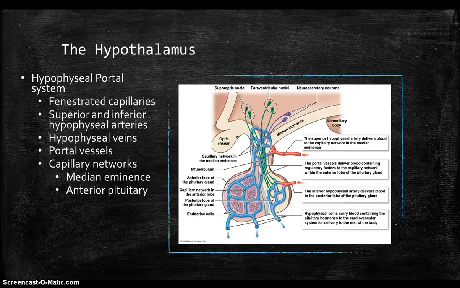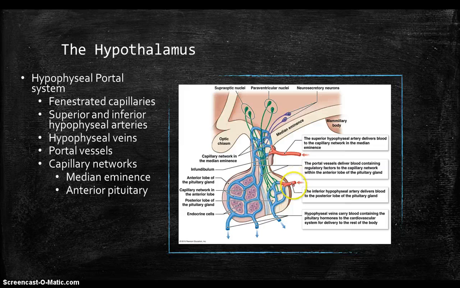This capillary system consists of fenestrated capillaries. Fenestrations are like little windows. They are huge pores in the sides of the capillaries, which is going to allow the very large hormone molecules to move into the bloodstream.